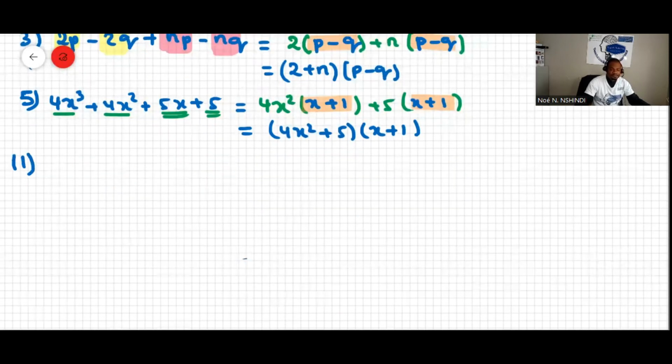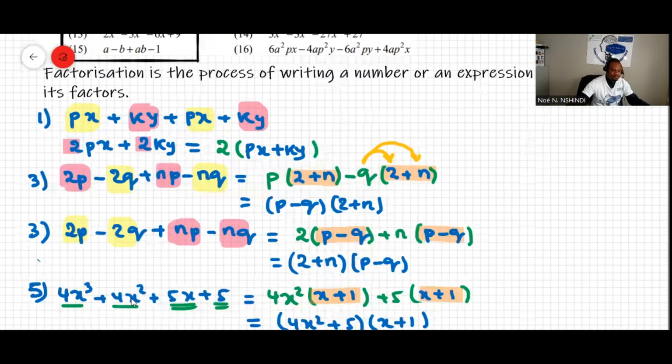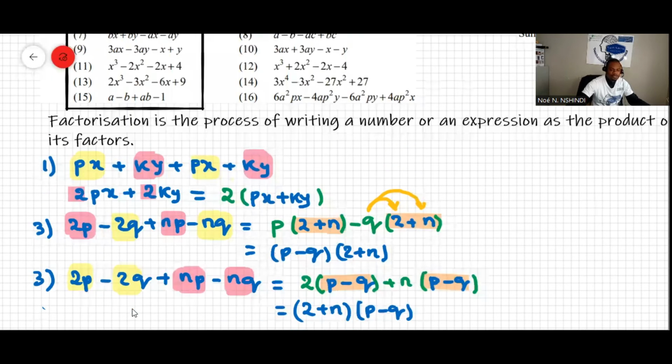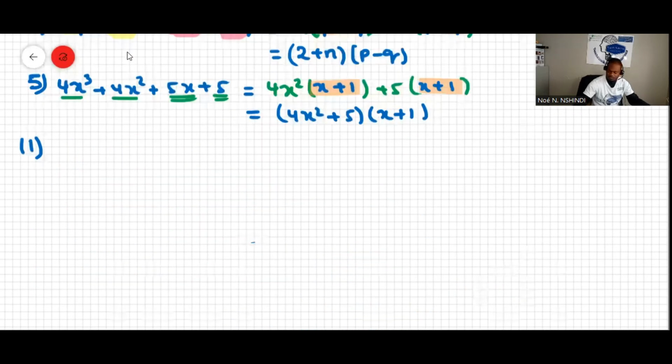Question 11 says x cubed minus 2x squared minus 2x plus 4. So let me write it there. x cubed minus 2x squared minus 2x plus 4. Again, over here, I prefer to go with the first two and the last two.